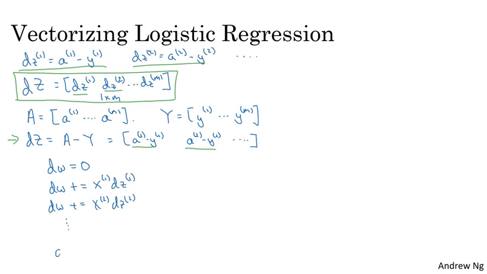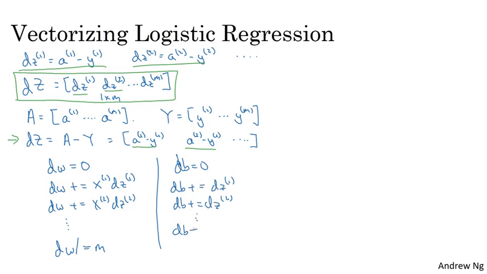So we do this m times, and then dw divide equals m. And similarly for b: db was initialized as 0, and then db plus equals dz1, db plus equals dz2, down to dzm, and then db divide equals m. So that's what we had in the previous implementation.